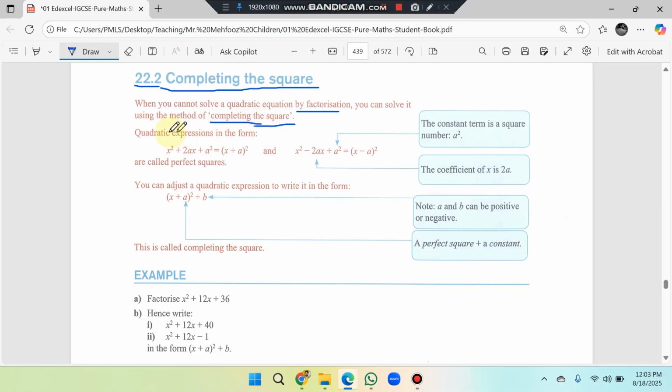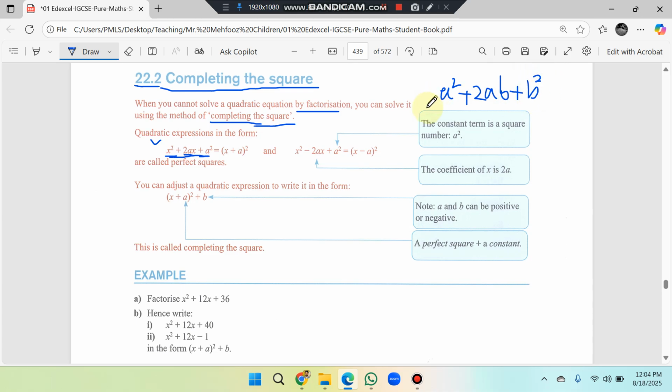Okay, a quadratic expression in the form x square plus 2ax plus a square. If we have a quadratic expression like that, you can see that we can complete the square, because this is the same as a square plus 2ab plus b square.